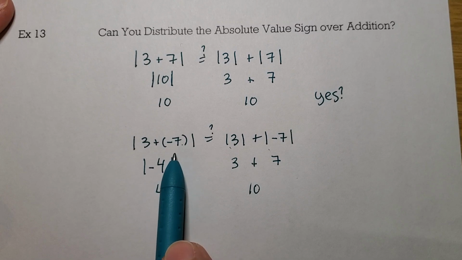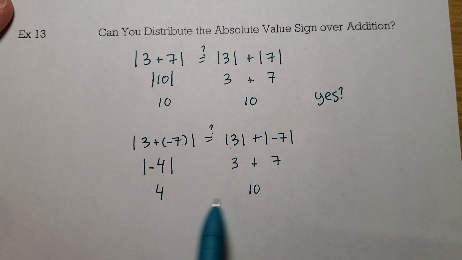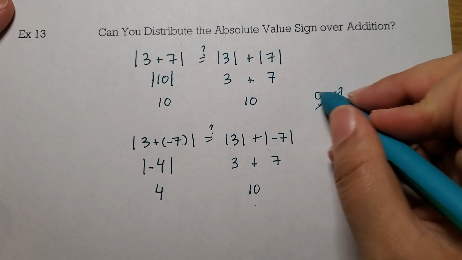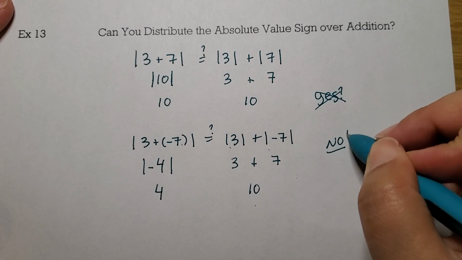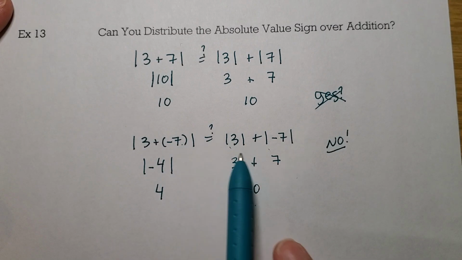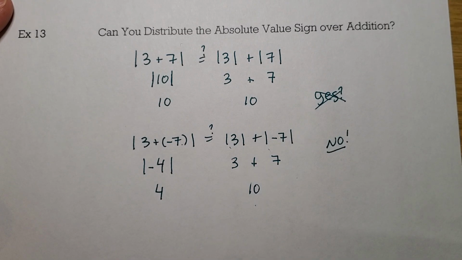So when I threw in something a little strange, the property broke. We don't want that to happen. So no, we can't distribute absolute value over addition because it doesn't work if one of the numbers is negative. And in order to be a property, it has to always work.